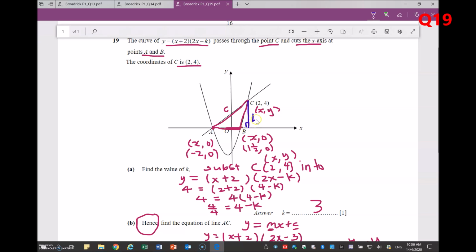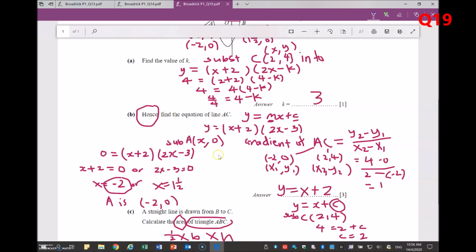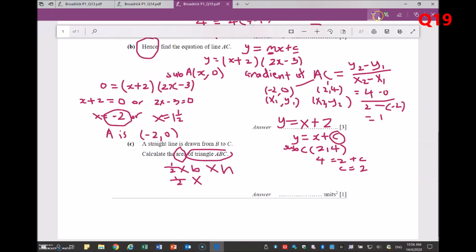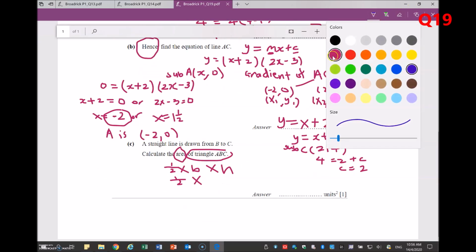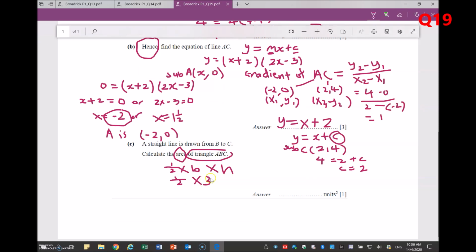This is your perpendicular height, and it has a height of 4 units. This value is 4. So I will have half times the base, which is 3.5, times the height, giving me a total of 7 units squared.